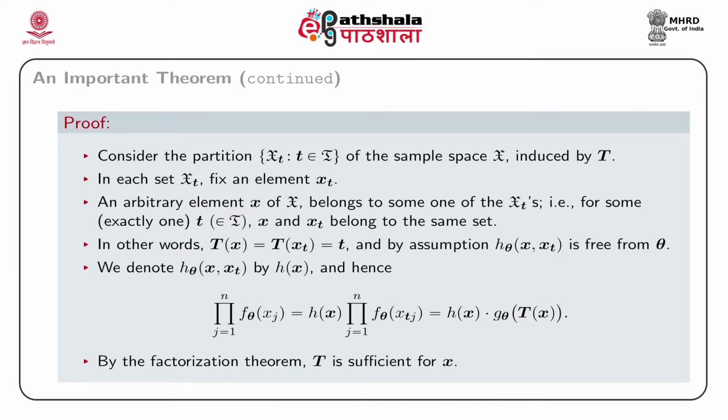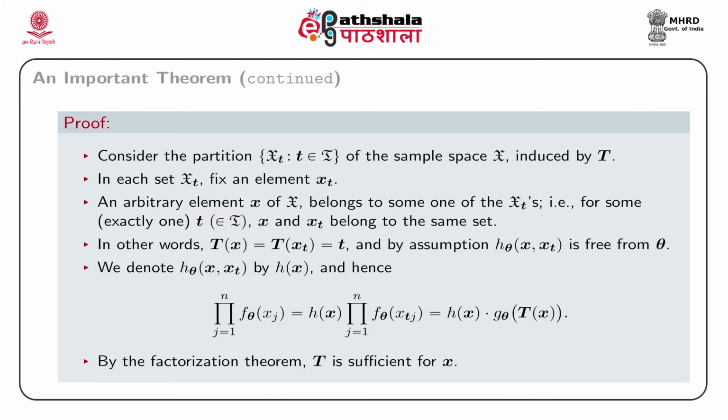Let us start with script X_t such that t belongs to script T, which is a partition of the sample space script X induced by the statistic T. In the subset script X_t, let us select and fix an element, small x_t.